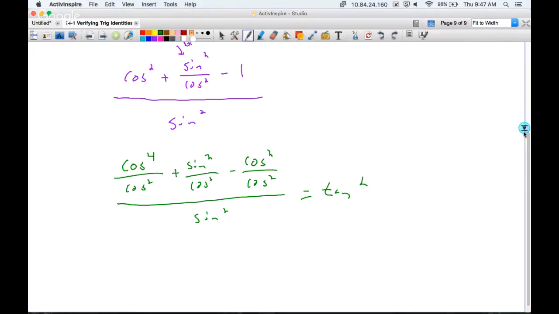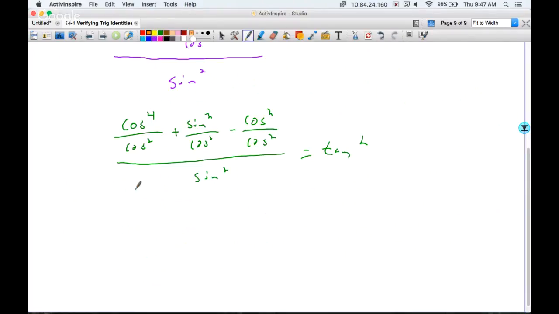Now that I've got a common denominator, I can combine the tops. This is going to be cosine to the 4th plus sine squared minus cosine squared, all over, well, 1 second, all over cosine squared. And all of that is over sine squared.